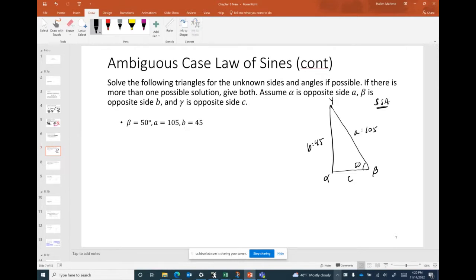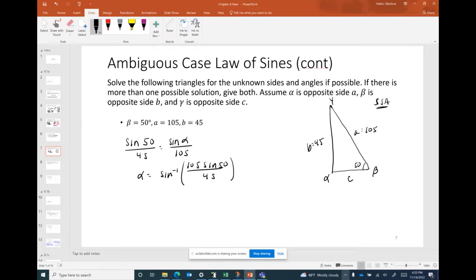So I know beta and b, so I definitely want that to be part of my ratio. I want to say the sine of beta, sine of 50 over b, 45, is equal to the sine of alpha, which I don't know, over a, which I do know, 105. Using cross products and inverse sine, I can now say that alpha is going to be the inverse sine of 105 times the sine of 50 over 45.